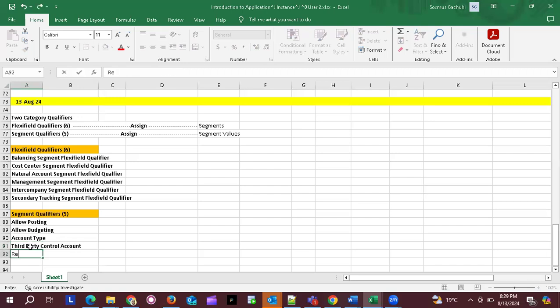And reconcile. These, we have said we assign them to segment values. Once we send them to segment values, this one we send them to segments.